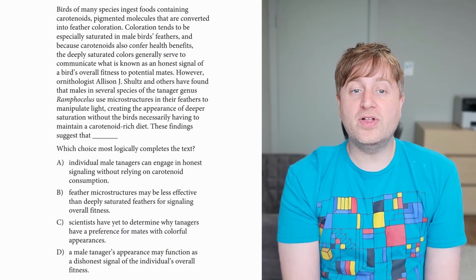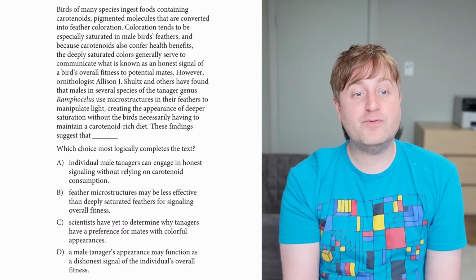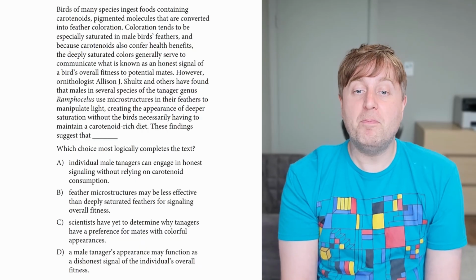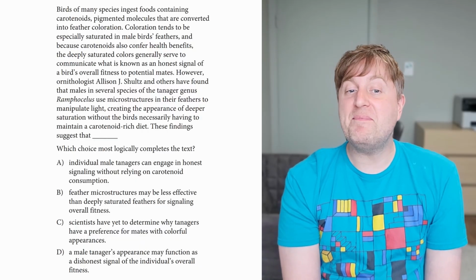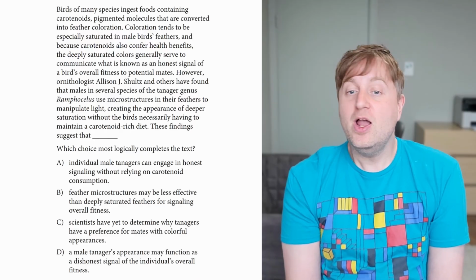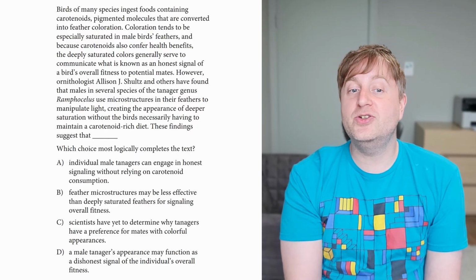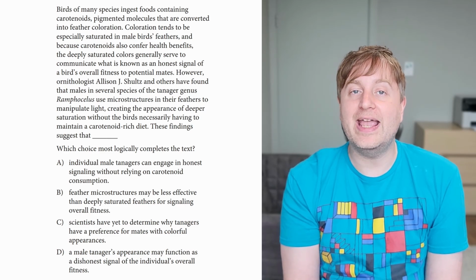However, ornithologist Alison J. Schultz and others have found that males in several species of the tanager genus use microstructures in their feathers to manipulate light, creating the appearance of deeper saturation, without the birds necessarily having to maintain a carotenoid-rich diet. These findings suggest that blank.